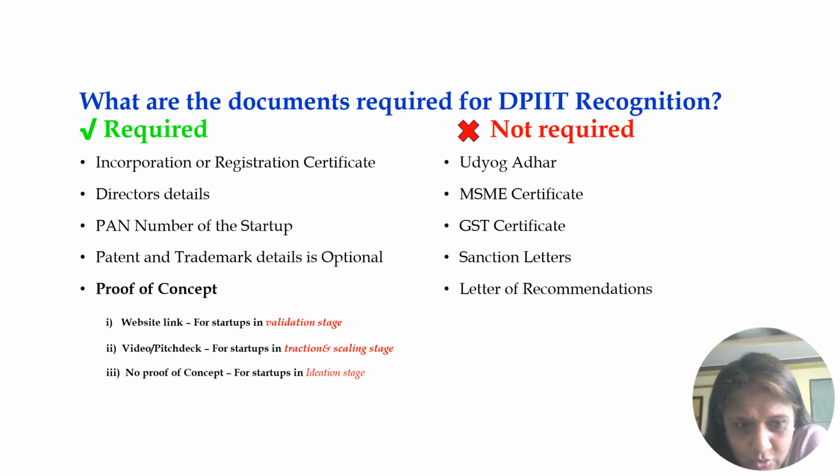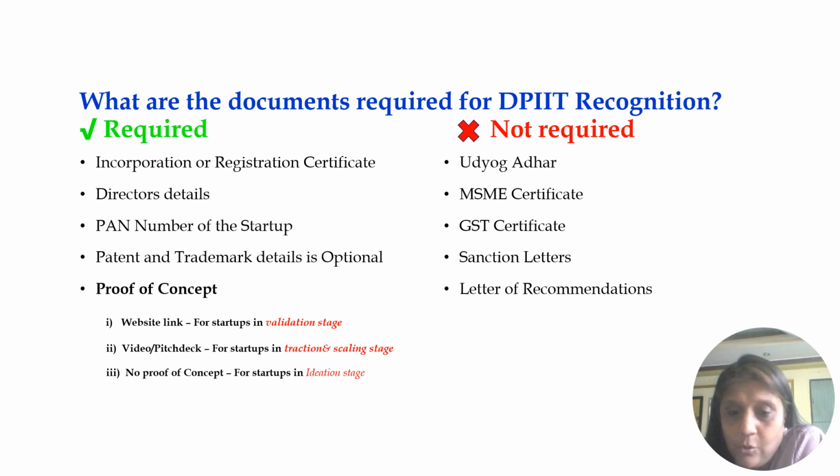So for those kind of startups, a video or a pitch deck has to be provided related to all the activities or the products and services which the startup is dealing with. And in case of the startup which is in the ideation stage, no proof of concept is required. Okay, so these are the various documents which are required.